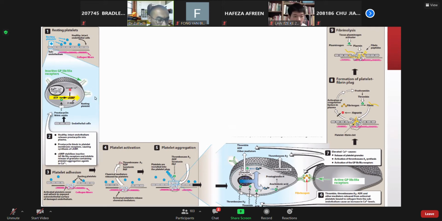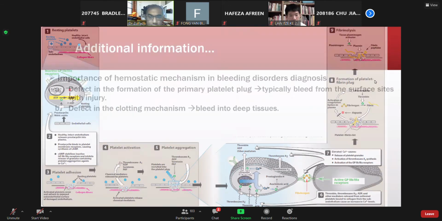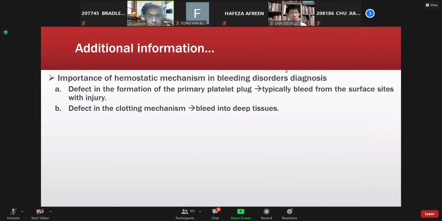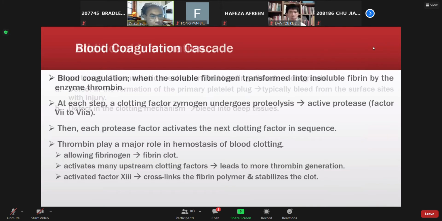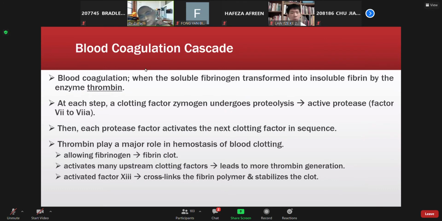When they are active, the platelets will aggregate with each other. The link point is here, GP2B and 3A. That is the platelet activation.